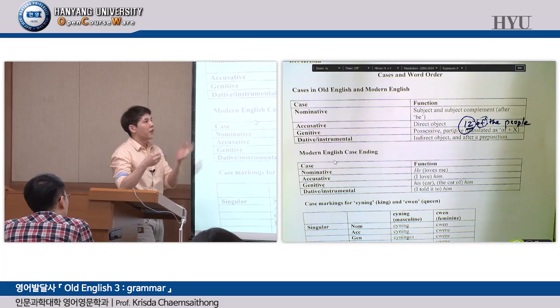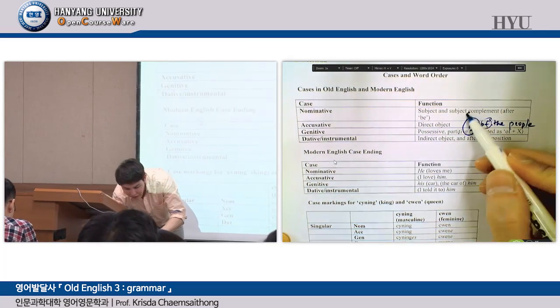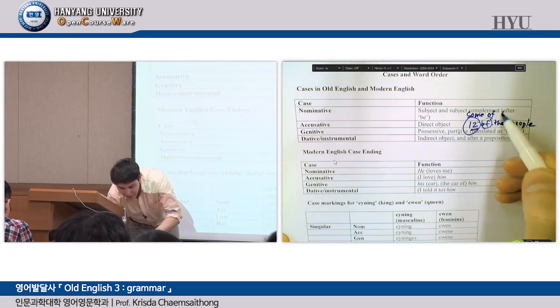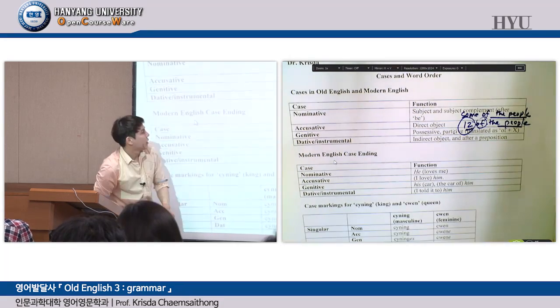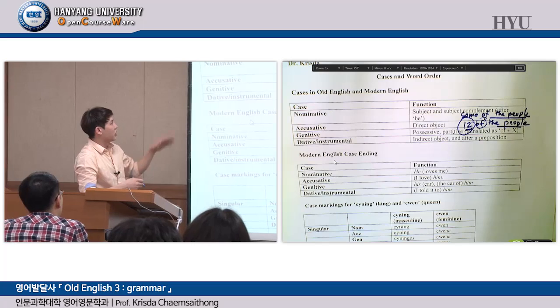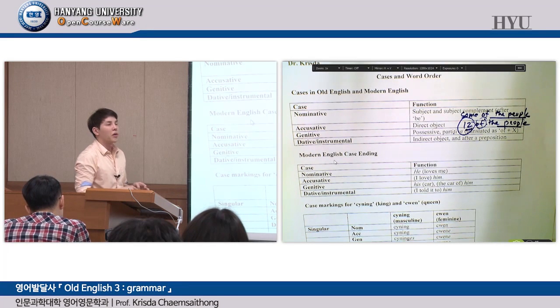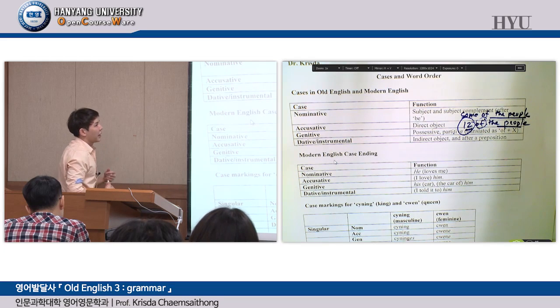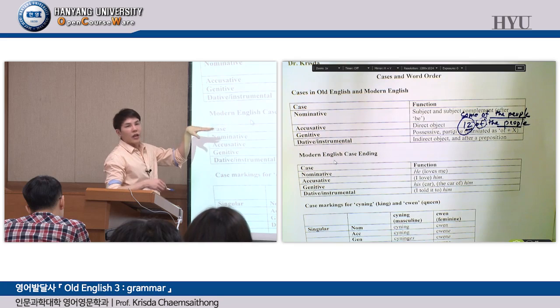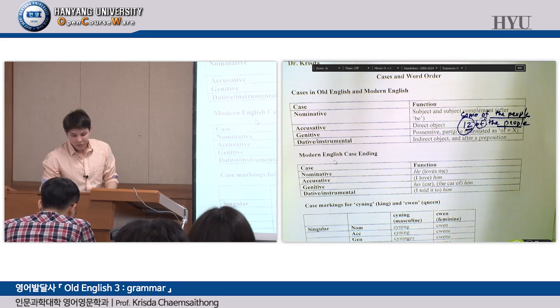Twelve of the people, some of the people, like that. So this will be marked as the genitive case. Partitive: some of, many of, several of, and so on. And dative for indirect object and other prepositions, as we know.